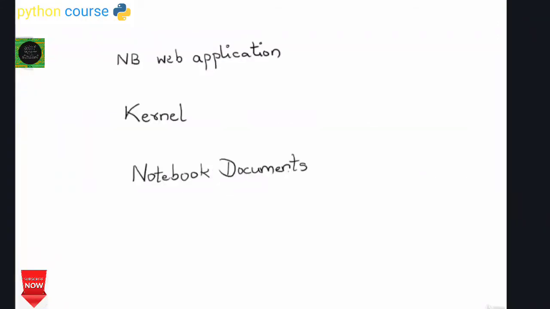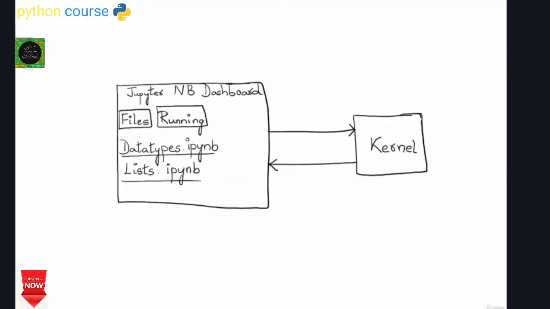The Jupyter Notebook web application combines three components: the notebook web application, a kernel, and notebook documents. When you launch the Jupyter Notebook application, the first component that we see in the web browser is the Jupyter Notebook dashboard.